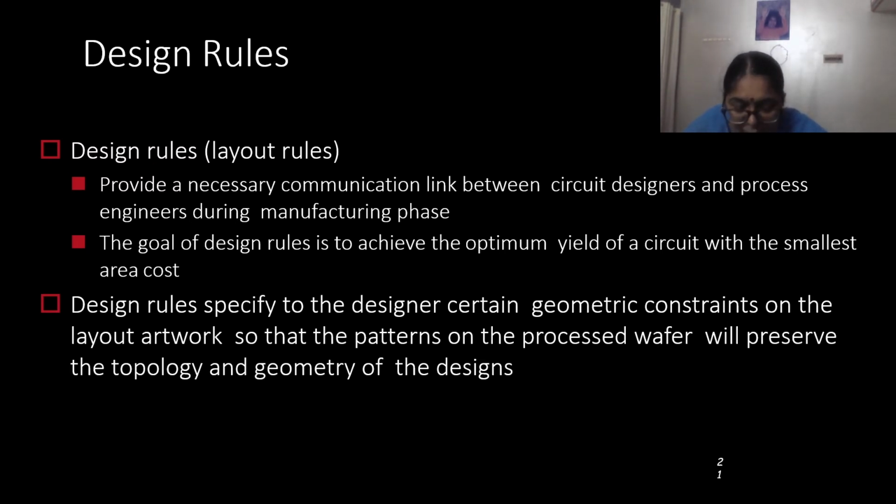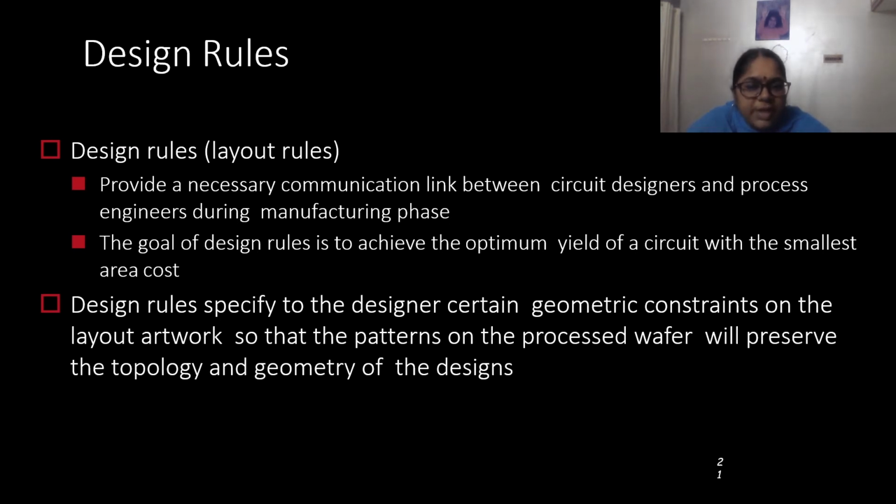The design rules actually give us the minimum width or minimum spacing between the layers. So using those dimensions, we can form the circuit and we can see to it that the circuit fits in a smaller area.